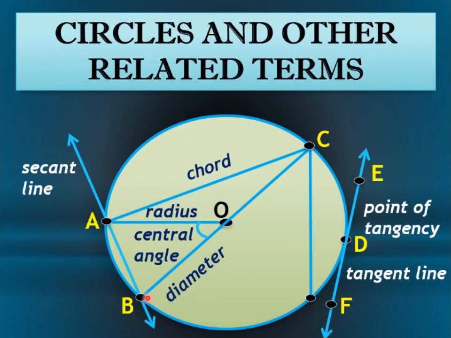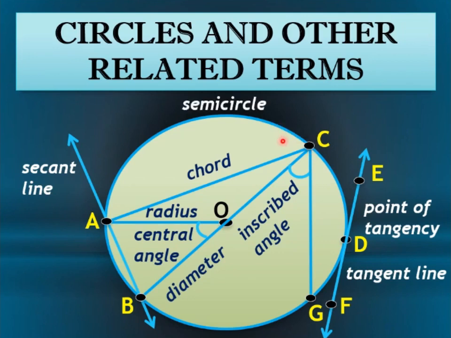An angle whose vertex lies on the circle and whose sides are chords of a circle is called an inscribed angle. So from this given, the diameter BC and the chord CG, the angle formed by these is called an inscribed angle. Its vertex is found on the circle, which is point C.